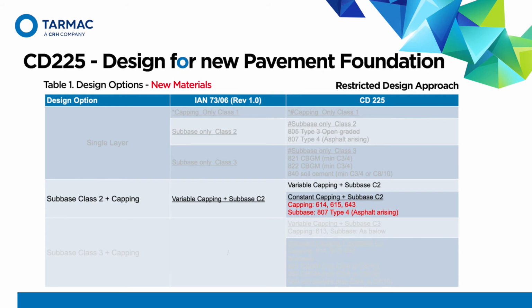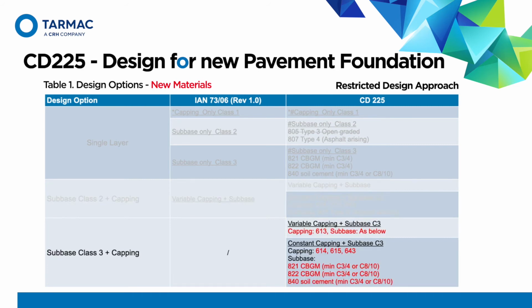This includes different materials, which are capping 614, 615 and 643, which are cement stabilized, lime stabilized, and lime and cement stabilized soil. For the sub-base material, the new addition of clause 807, type 4, asphalt arising has been added.